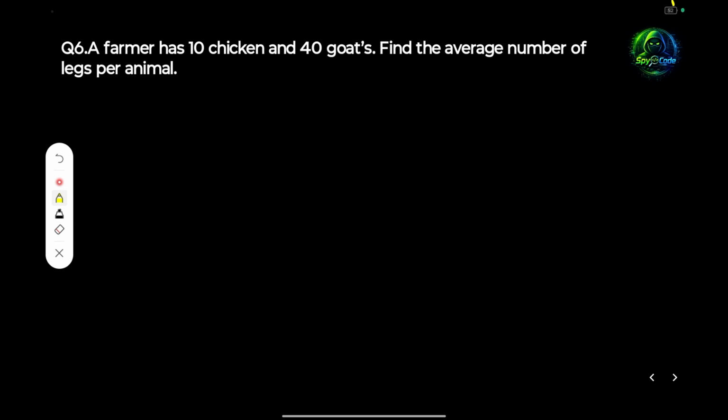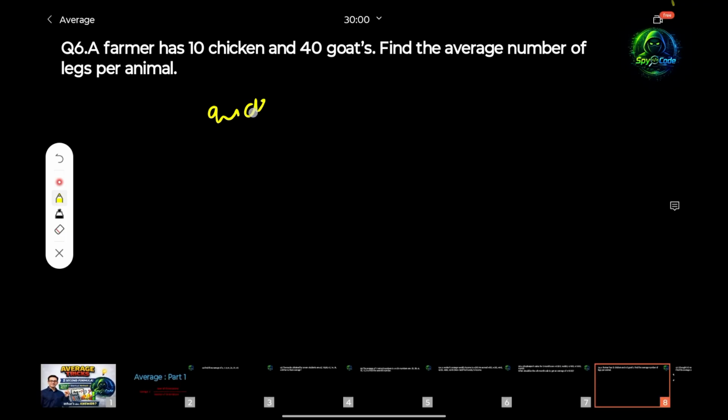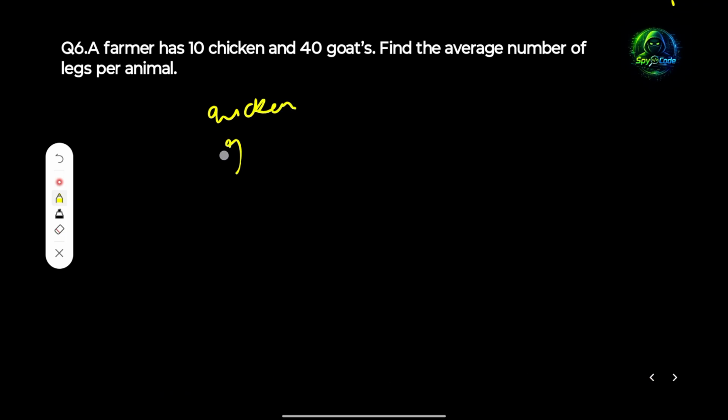A farmer has 10 chickens and 40 goats. We need to find the average number of legs per animal. Here, this is a chicken and this is a goat. Legs for a chicken is 2 and a goat has 4 legs. How many chickens are there? 10. And how many goats? 40.